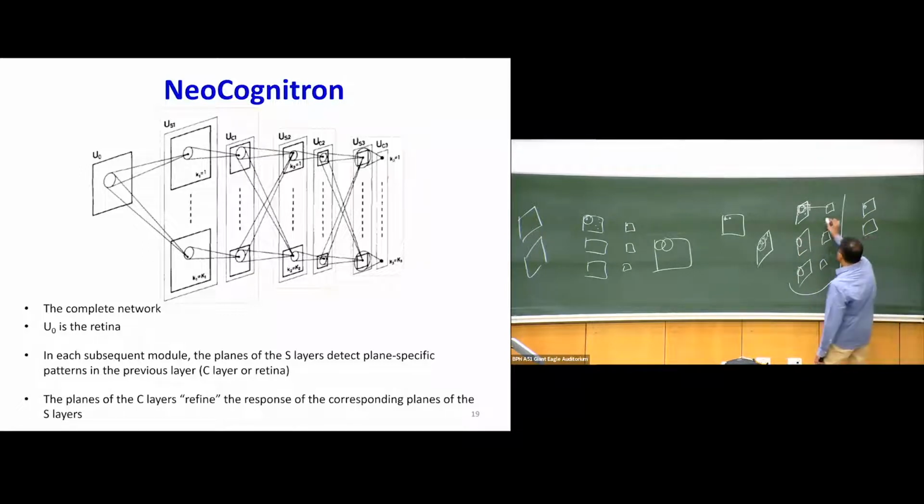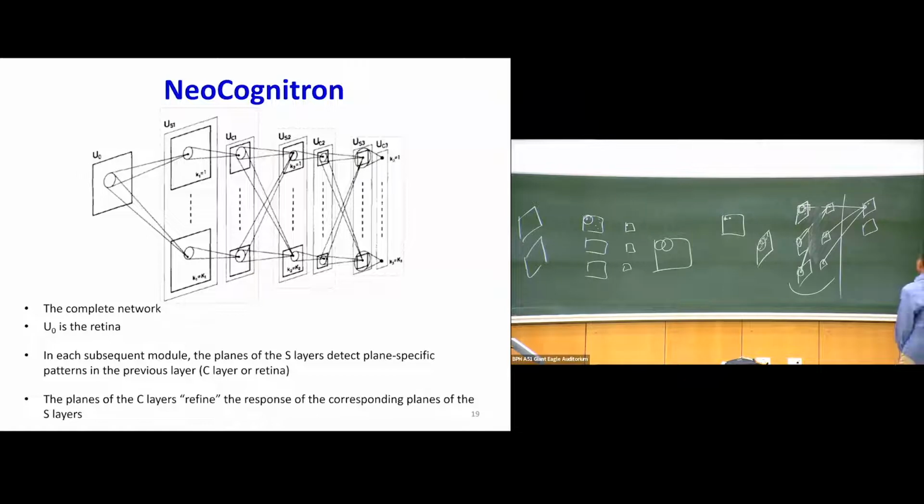So this cell would simultaneously be looking at all of these regions, but in the C cells of the previous layer, because the C cells have finished the cleanup. Similarly, this cell over here is going to be looking at a slightly shifted region for all of these C cells simultaneously, and so on.